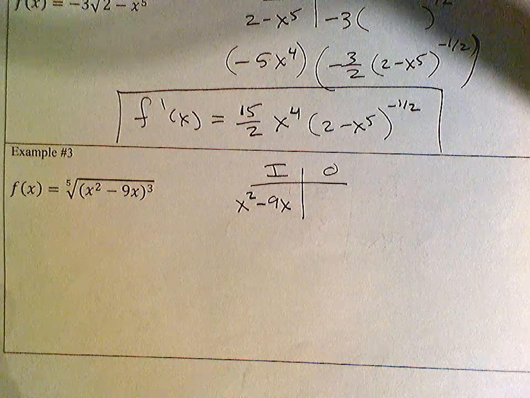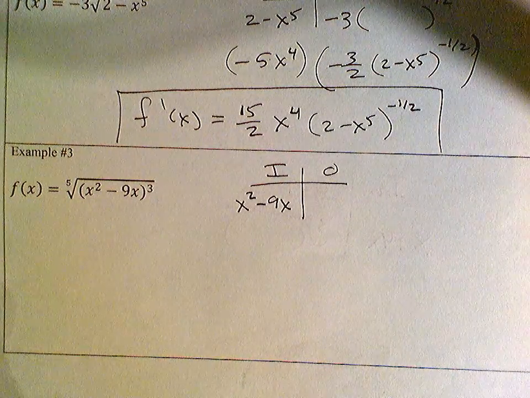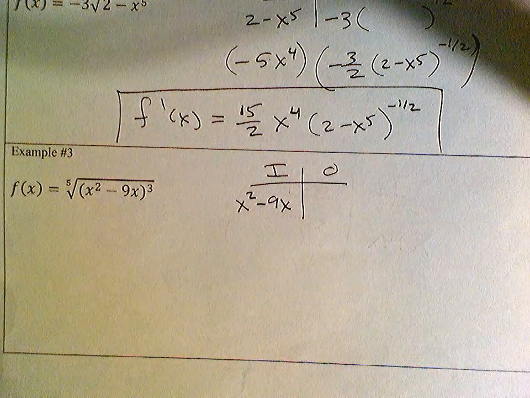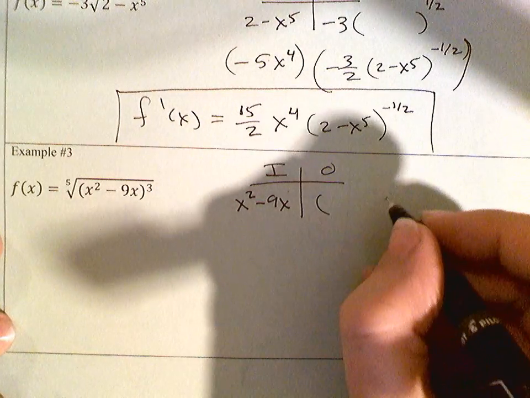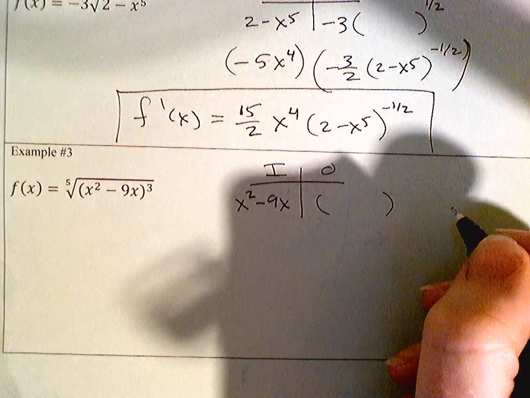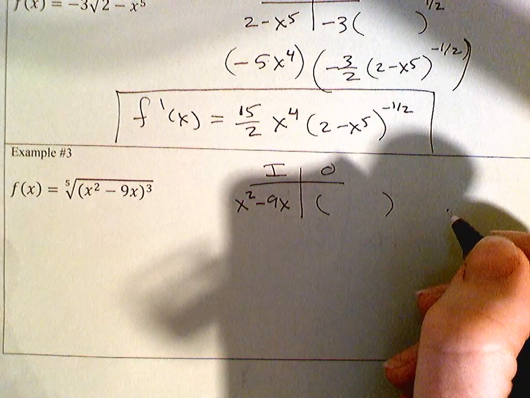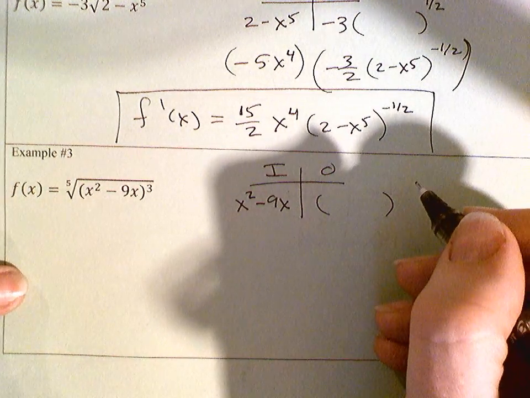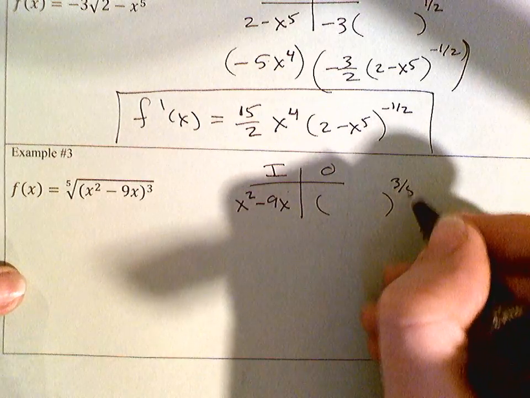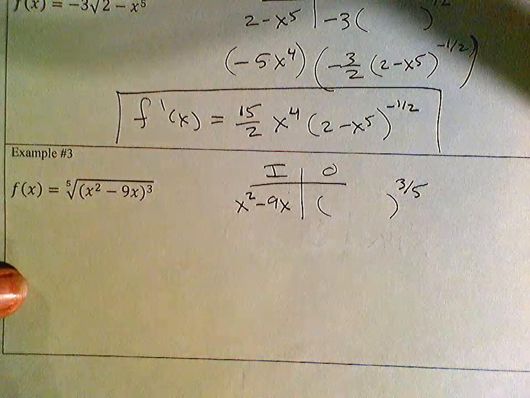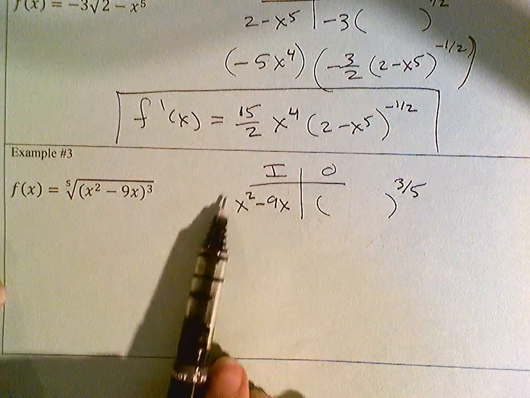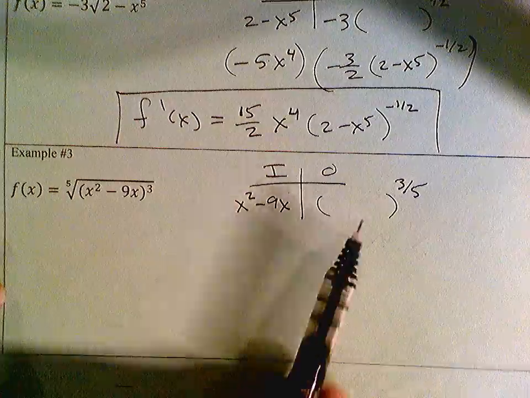The outside function is the 5th root of blank to the 3rd. So I'm going to go right ahead and convert this from radical notation to exponential notation. So this is to the 3/5. Okay, so the composition works like this: the inside is the input of that.